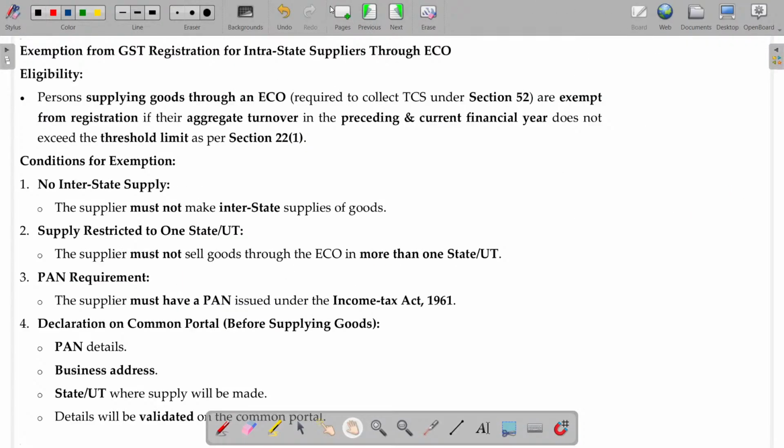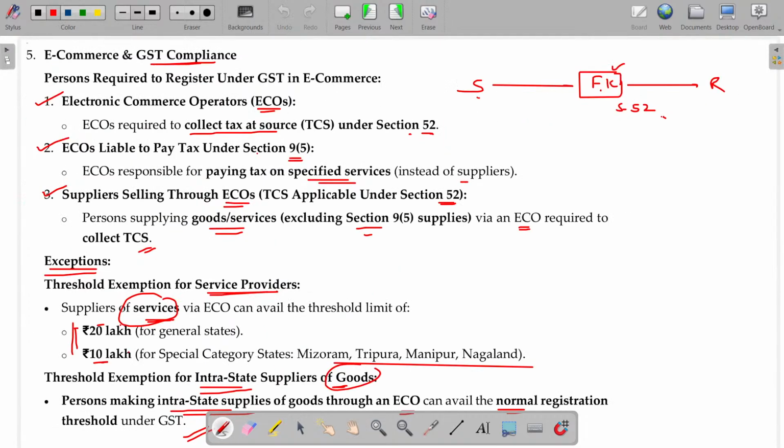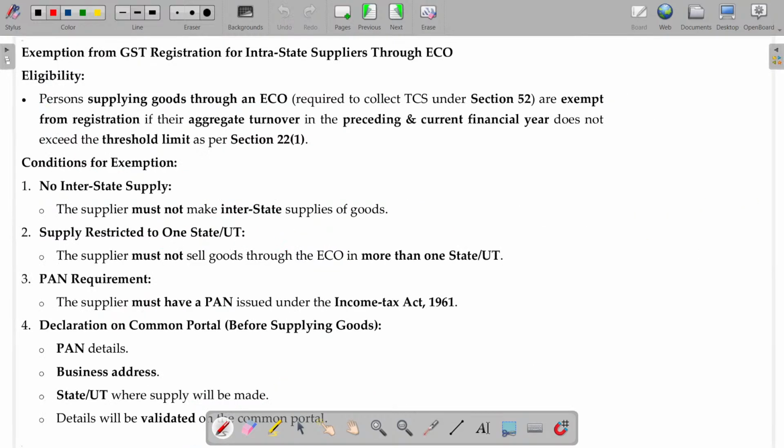See, if you are doing supply through ECO, naturally you come under compulsory registration, provided an exception is also there, you know. So, you need to fulfill some other conditions also.